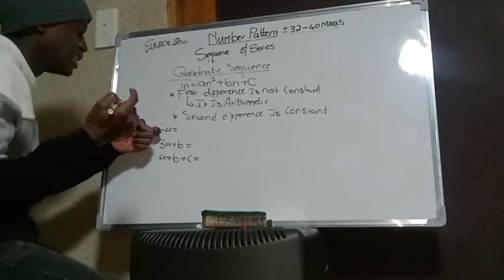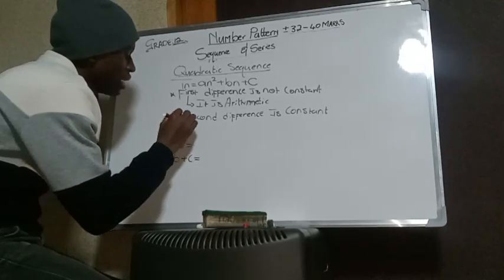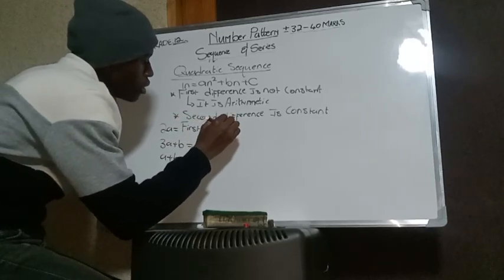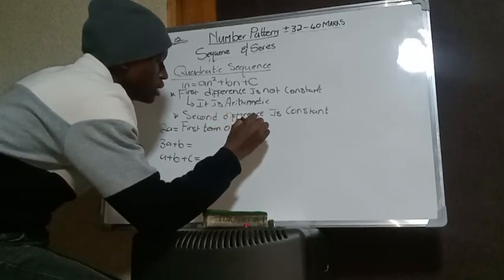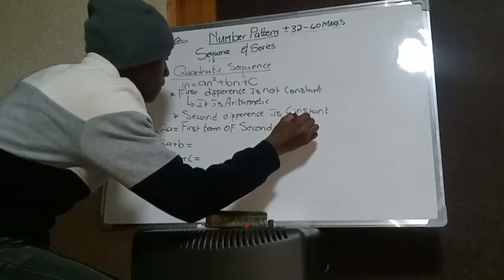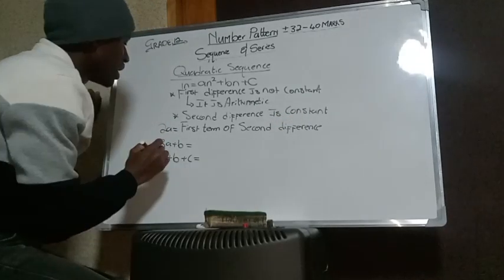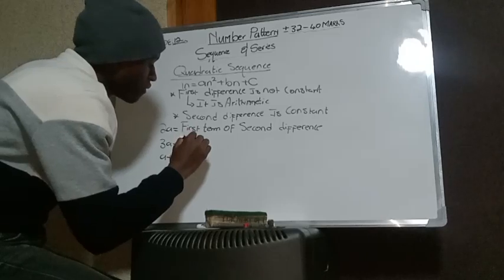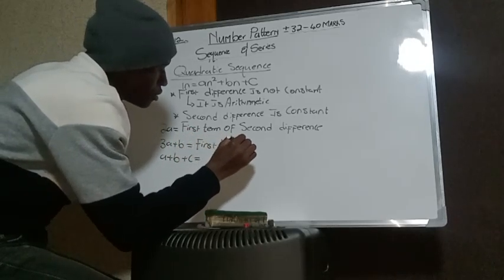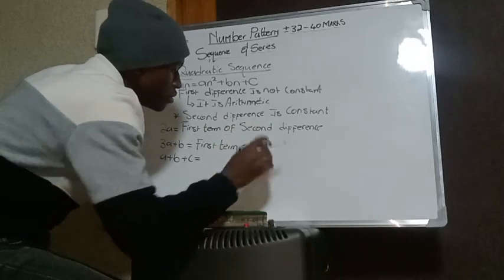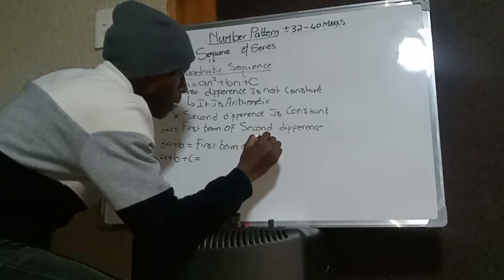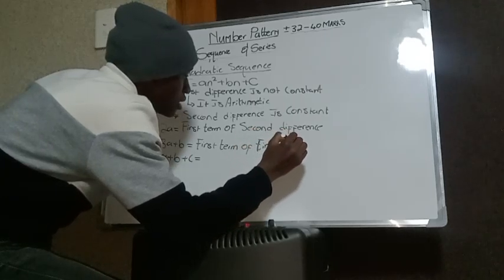What do we know? This 2a is equivalent to the first term of the second difference. 3a plus b is equivalent to the first term of the first difference.